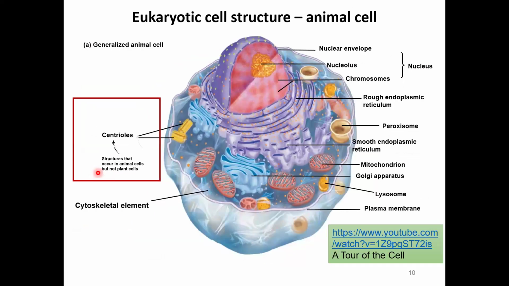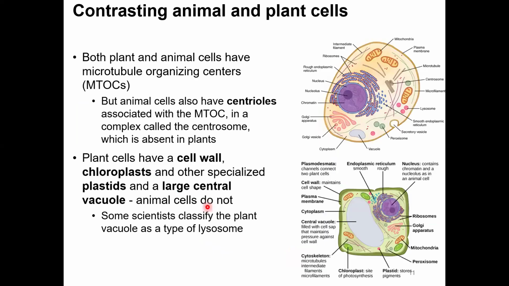And then with eukaryotic cells that are animal cells, most of the structures are seen within plant cells except for centrioles. Now, between the two different cells, they both have microtubule organizing centers.